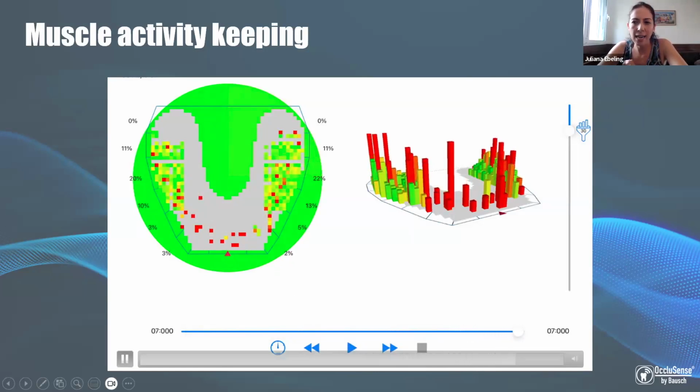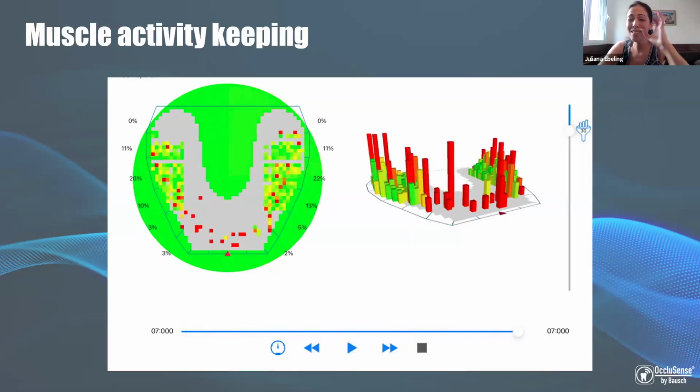It's not static. We must always have in mind that OccluSense gives us what is happening in real time. And if we try to look at this data with our training from the past with papers, we will not understand what is happening.